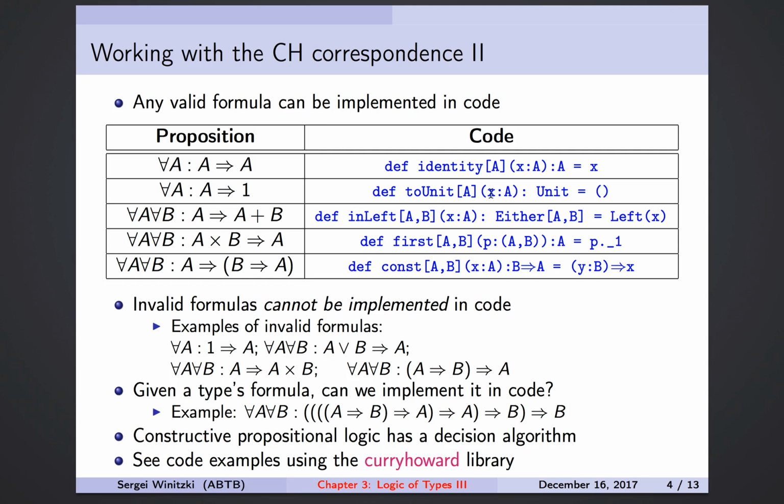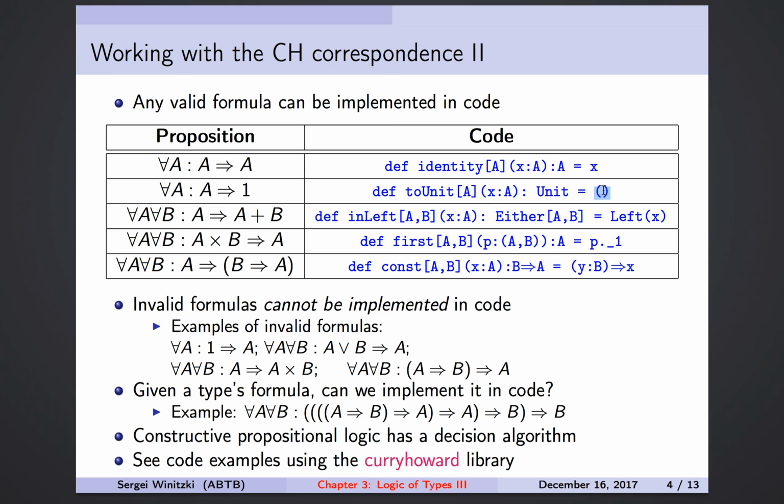You cannot use this x in order to prove that you have unit, because you already have unit. Unit is this. There's no more information in unit. You don't need x to get unit, and you cannot actually use x to get unit, because the only thing you have here is x, so there's no way for you to make a unit value using x. You have to ignore it.